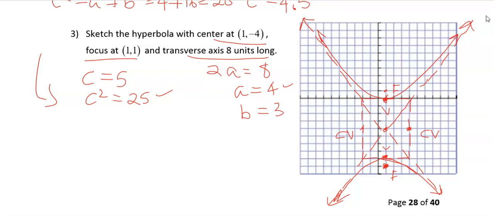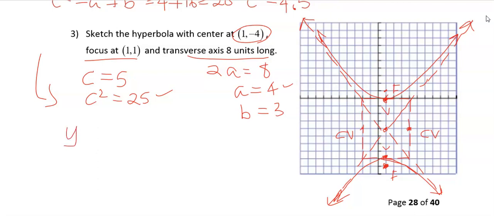Okay, now, first of all, notice that the center is at (1, -4). So, of course, the 1 is going to come after the x, as x minus 1. The -4 is going to come after the y, so that's going to be a y plus 4. They're both going to be squared. And because this hyperbola opens up and down, it's the y squared that's positive.